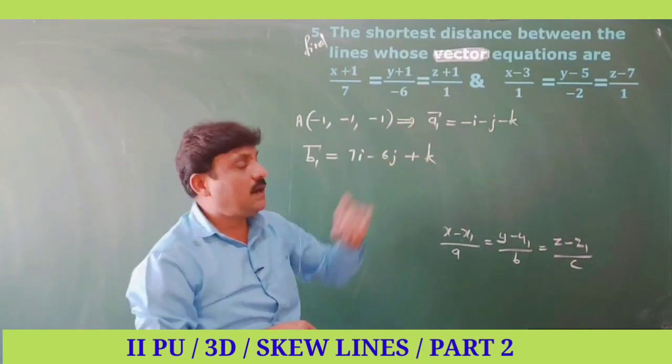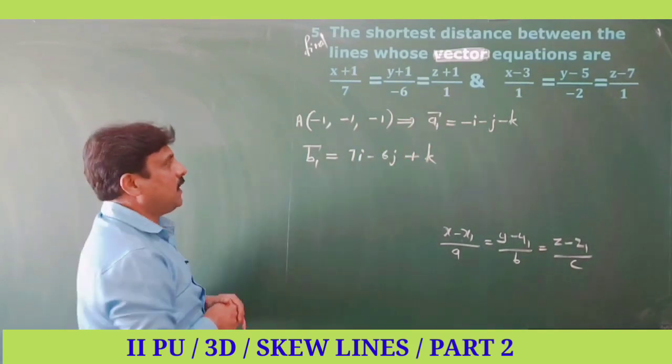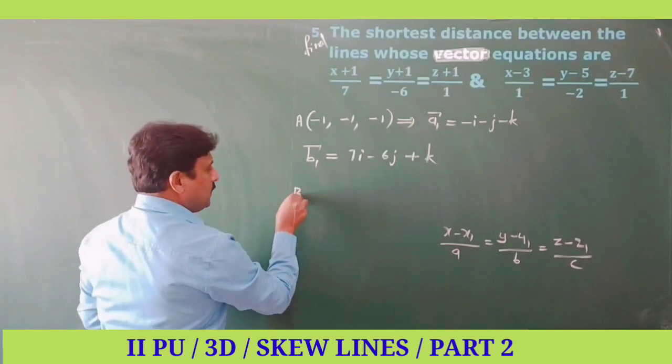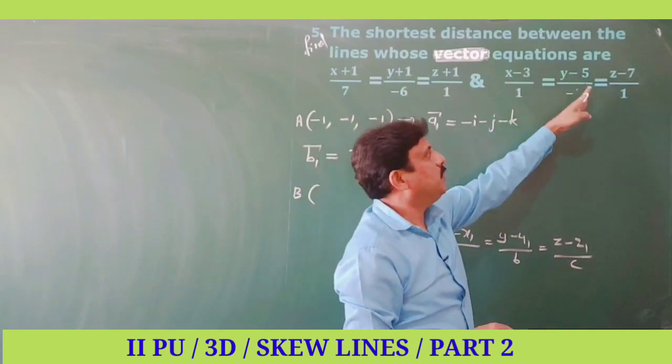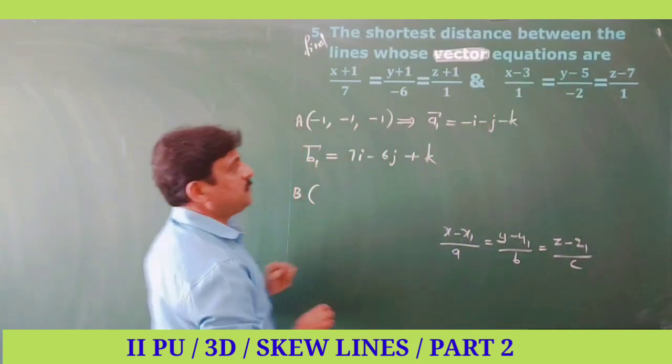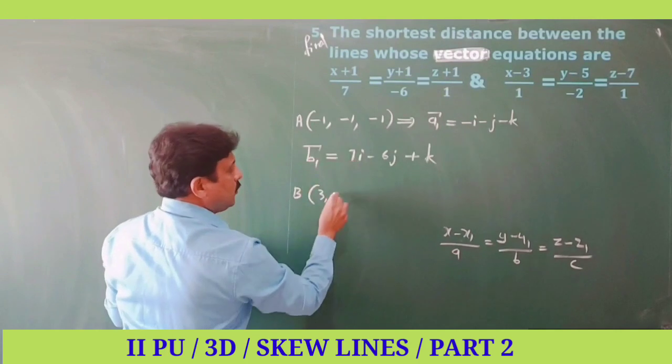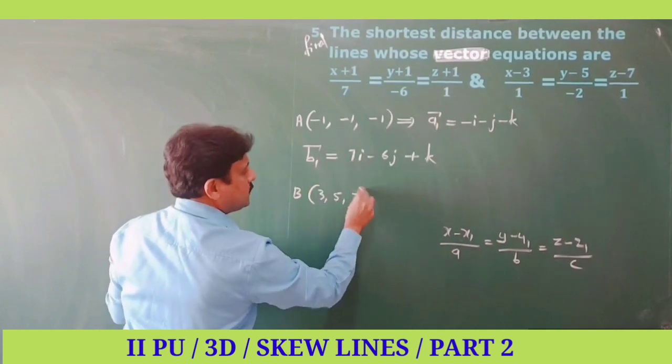Similarly, take the second line. For the second line, call the point B. So x equals 3, y equals 5, z equals 7. Substitute 3, y equals 5, z equals 7.